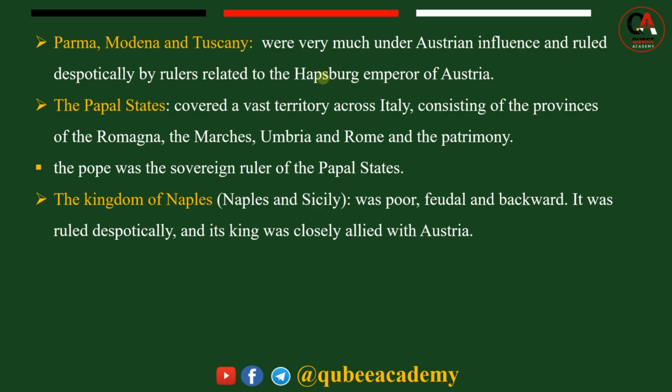That means they were not independent states in Italy. They were ruled by their own rulers, but influenced by the Austrian Emperor, especially the Habsburg Emperor.